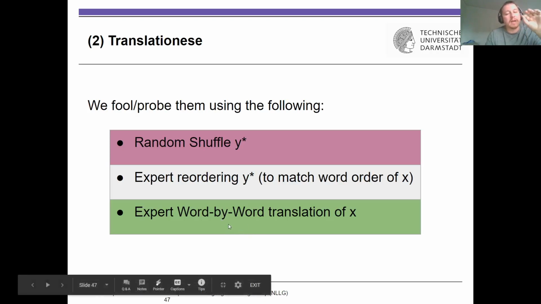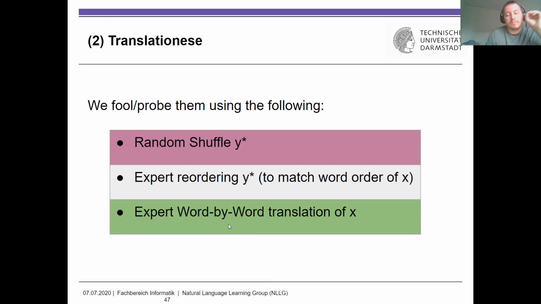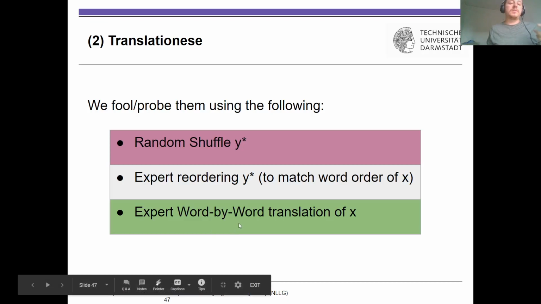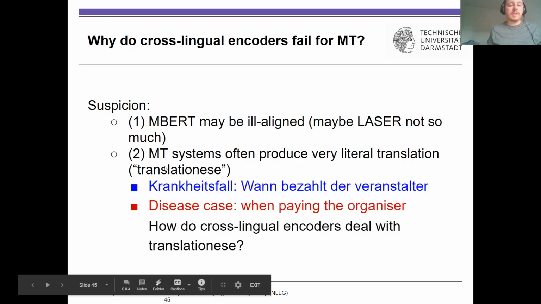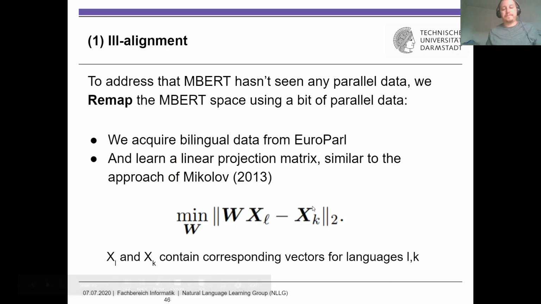We do word by word translations of the input X. We go over the first word, translate that literally, go to the second word, translate that literally, and so on. So all words, and we have then a word by word translation, and this is really this translation ease, right? So this is a case like given here.